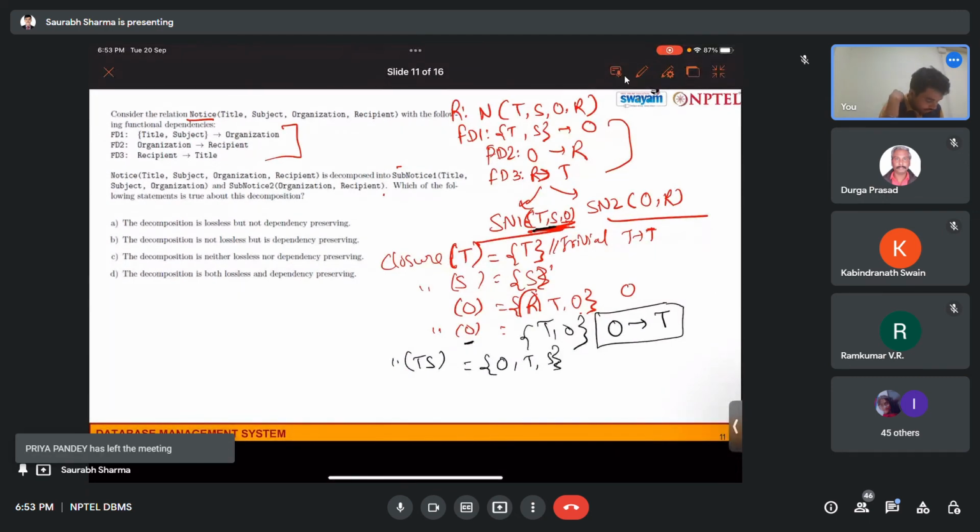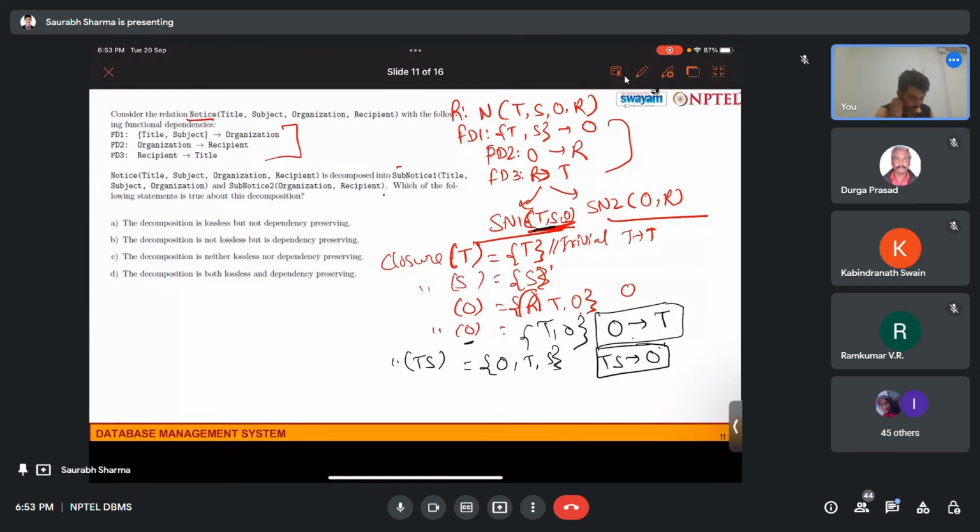So we have OTS. What we can infer from here is that T and S are on the left side, TS will derive O. This is one dependency. Till now what we have got: O derives T, TS derives O.